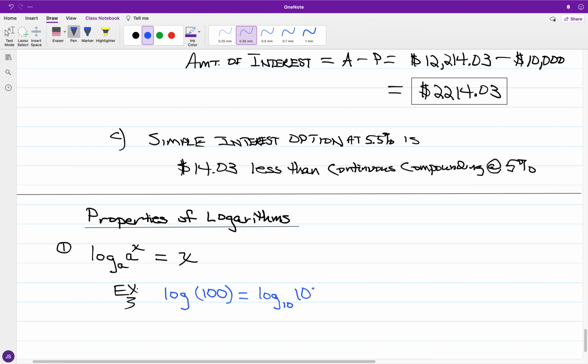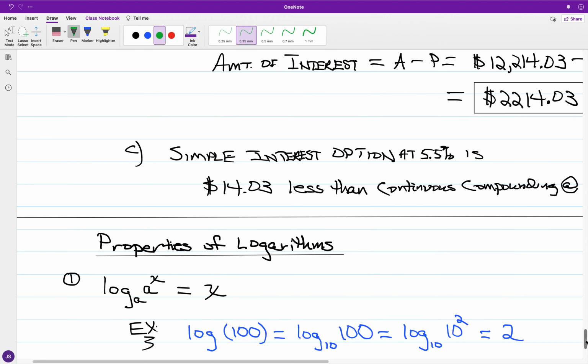So you're looking at the base 10 logarithm of 100. And guess what? 100 is a multiple of 10, and it is also a power of 10. So in terms of base 10, 100 is going to be 10 raised to the second. So if you notice in this layout, the value a is going to be at 10, whereas x is going to be at 2. So the base 10 logarithm of 10 to the second reduces to 2.